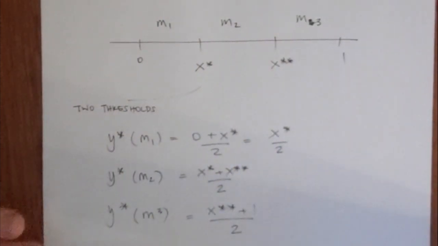Now what we have to do is write 2 equations to find X star and X star star, where from our past intuition, the patient is indifferent between M1 and M2, and then we also generalize it to being indifferent between M2 and M3 in order to construct X star and X star star.